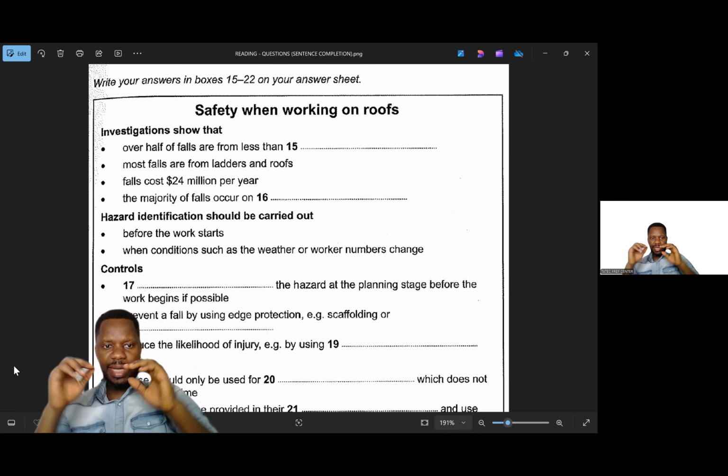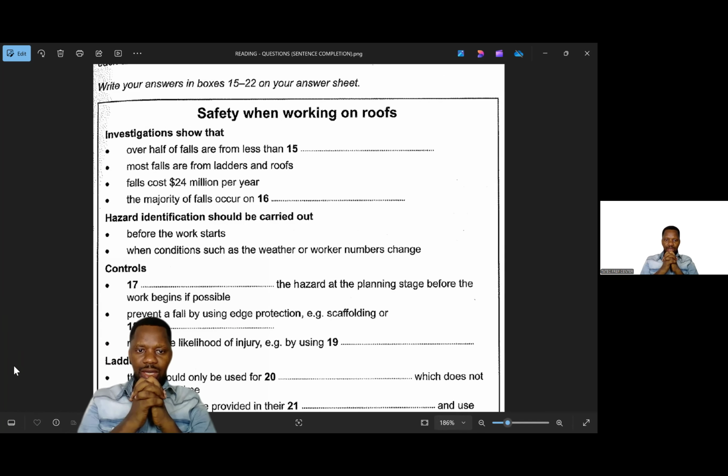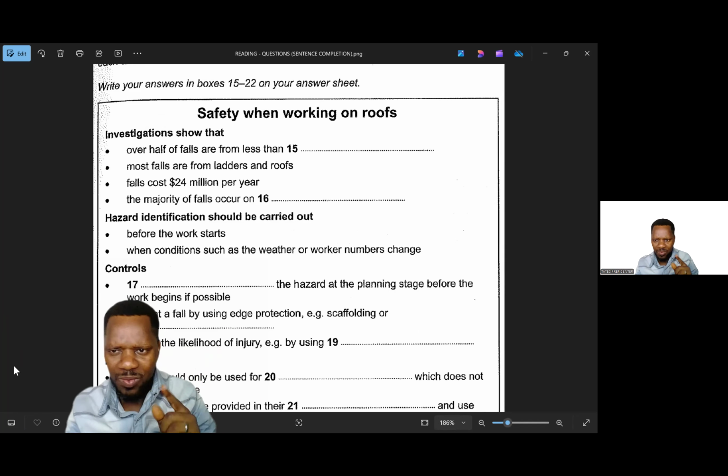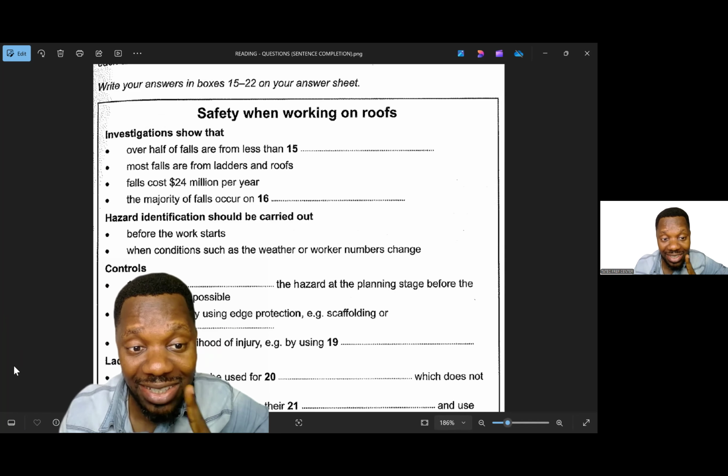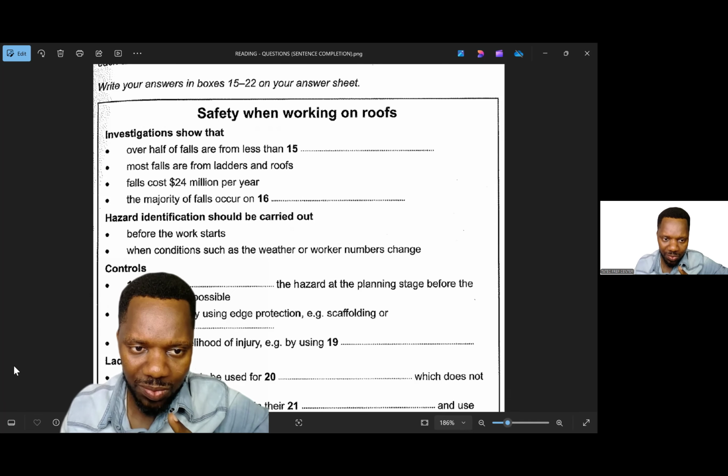All right, so the third question is not coming from the second paragraph, or it might come from the second paragraph, but there are certain subheadings that you want to look out for. The first one here says hazard identification should be carried out.